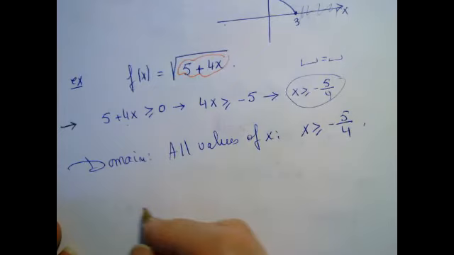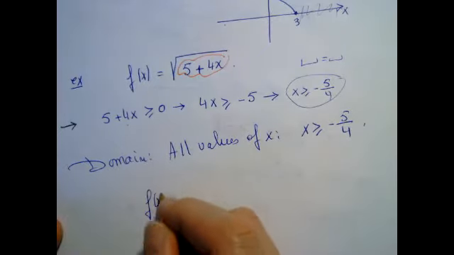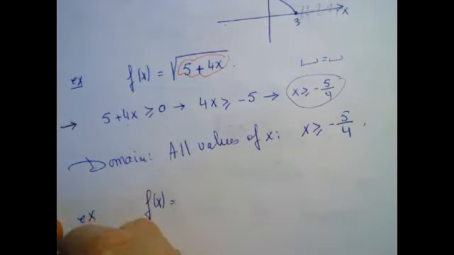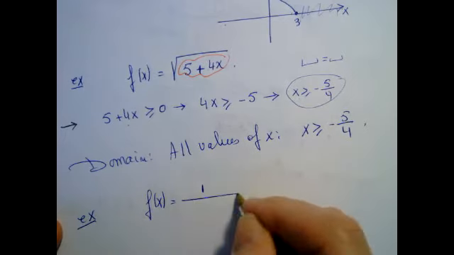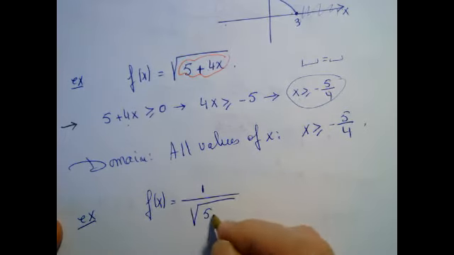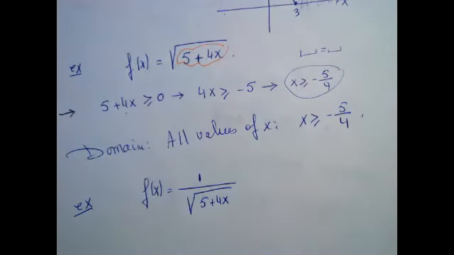Okay. Now, suppose I do the following. I take 1 over the square root of 5 plus 4x. How will this change the picture? You would only set the expression to be greater than, but not equal to 0.